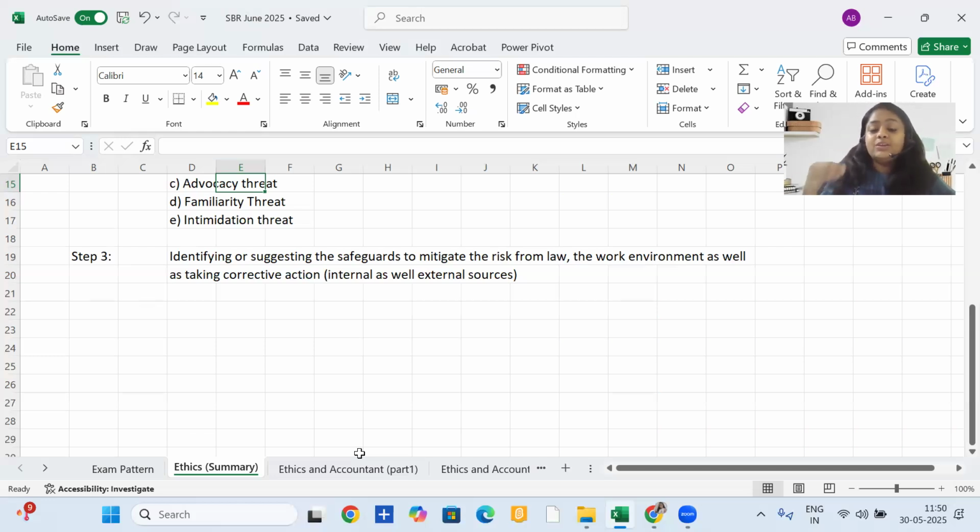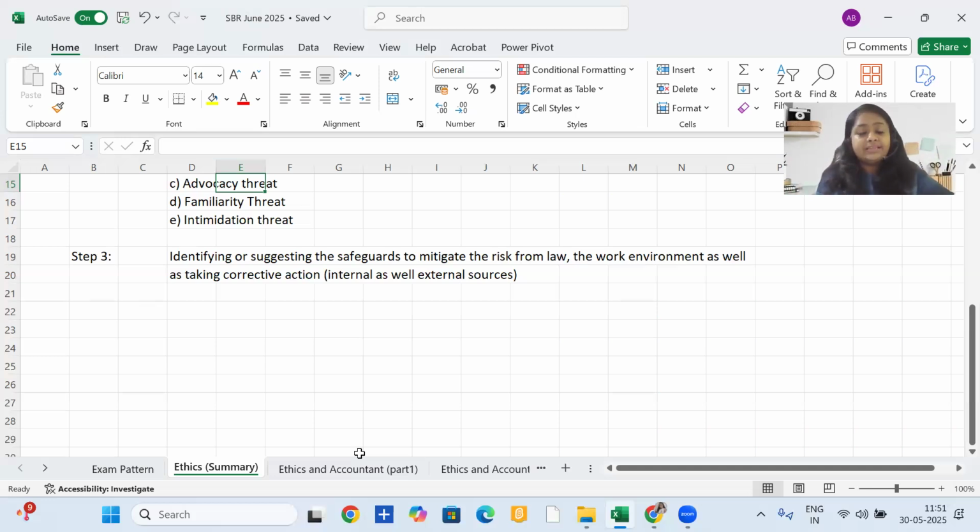And then finally you will draw down the action points, that is the conclusion you would recommend, not to the management but to the professional. What is the corrective course of action that he or the firm should take? So this completes your answer.